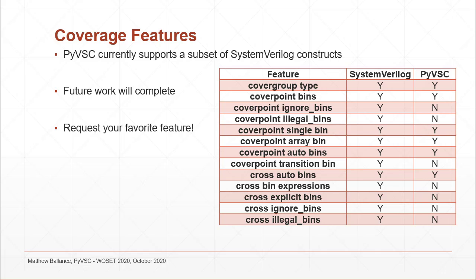Some of the more detailed constructs, transition bins, for example, some of the exclusion bins on cover point crosses, are not yet supported, and those are planned in the future. If you have certain constructs that are very important to you, feel free to raise an issue on GitHub where we support the project, and I'll be happy to look at priorities to make sure that the most important features get supported first.